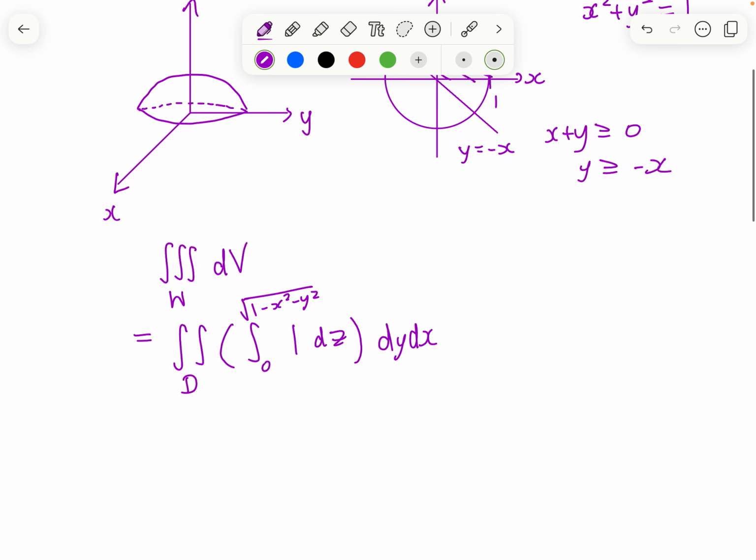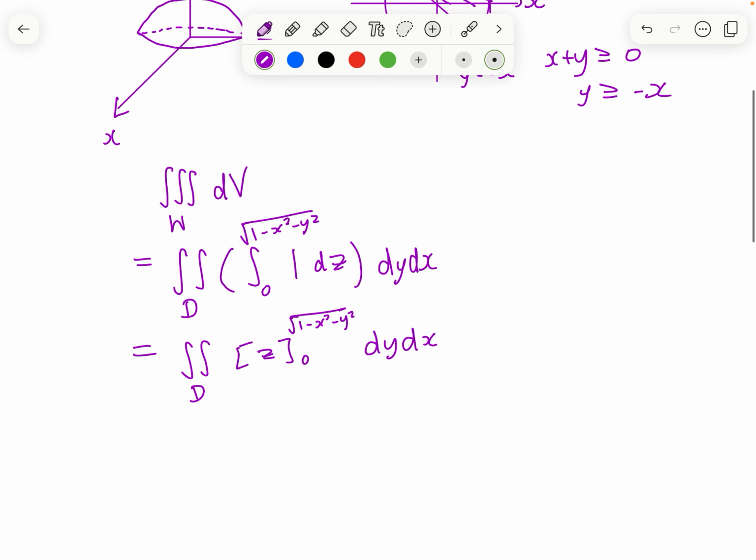And if we were to first calculate that, the integral of 1 in this case would just be z. So essentially we are finding the integral, and then we are going to be plugging in our boundaries.